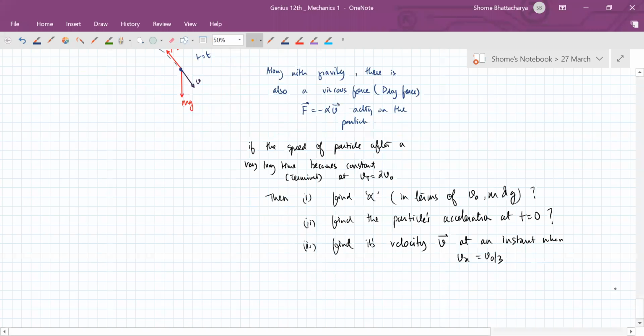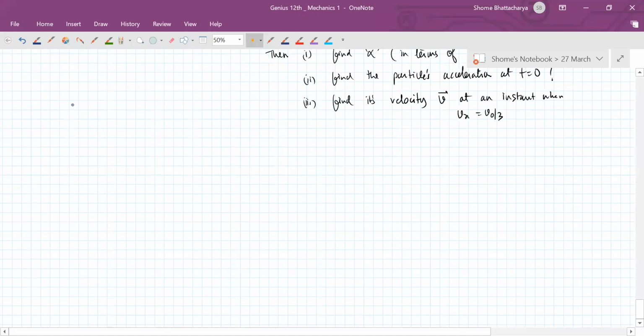So we can say that at some instant of time, when the particle has reached here, its velocity is some Vx i cap plus Vy j cap.